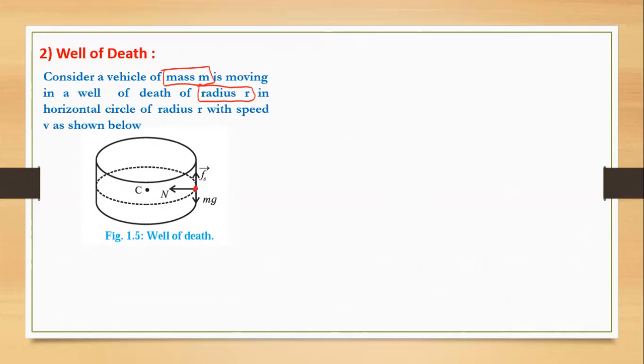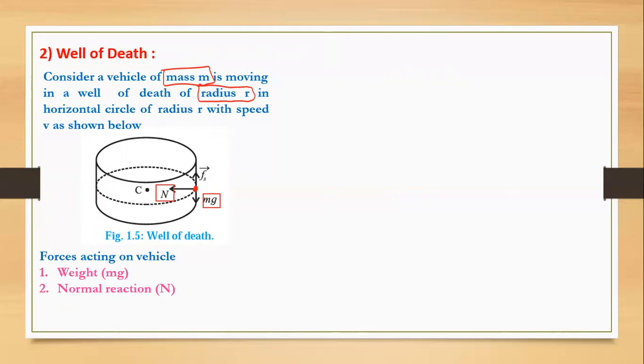Now we have to discuss the forces acting on the vehicle, which is similar to the previous article. The first force is always the weight mg. Okay, you can see the force in the diagram. Now the second force is the normal reaction, the force exerted by the surface.